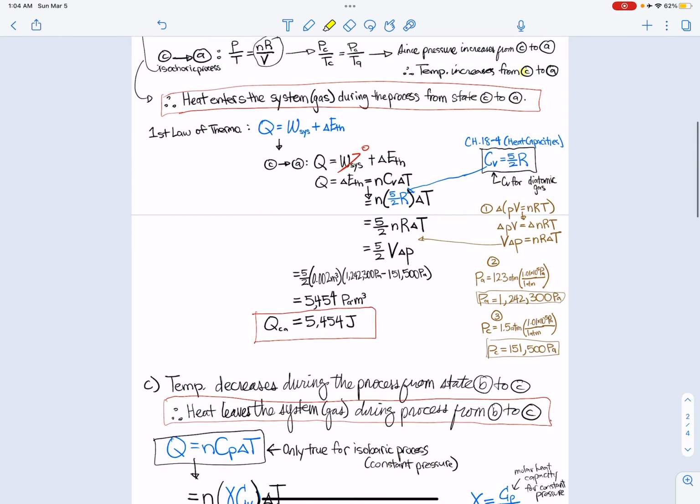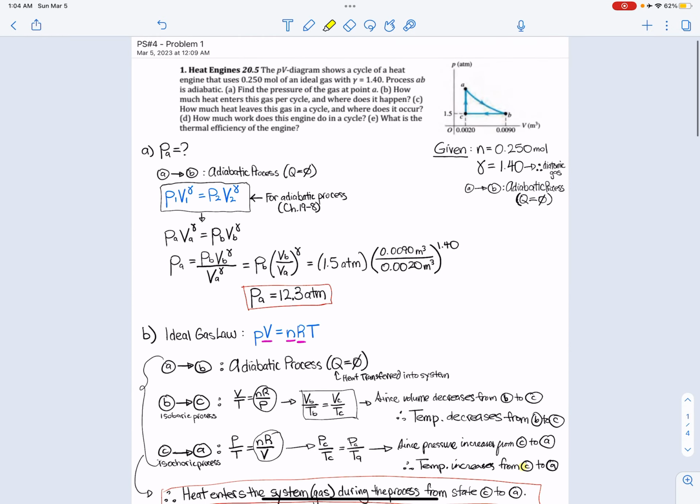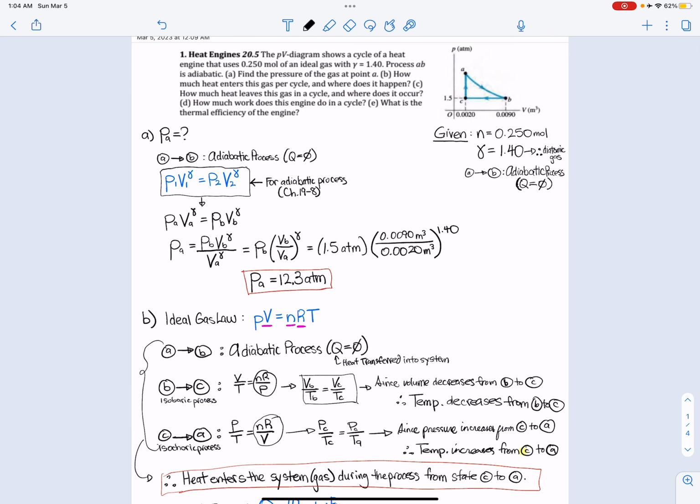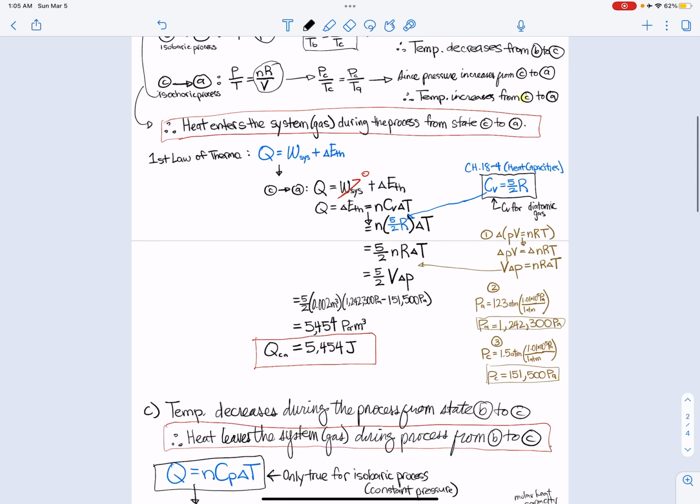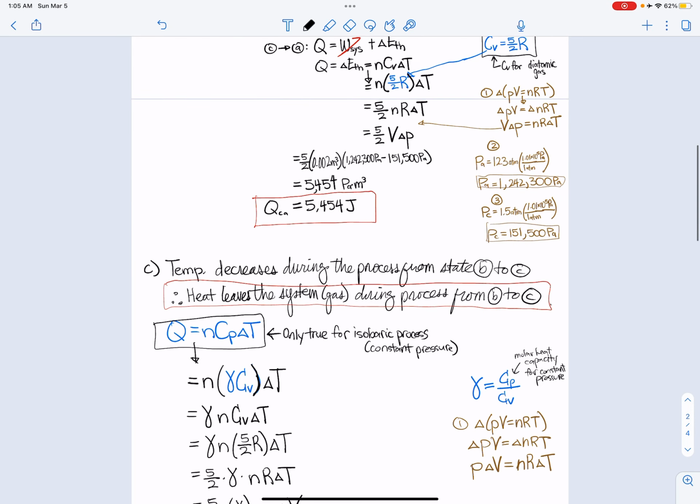All right. Okay, so anyways, part D, how much work does this engine do in one cycle? One complete cycle, from state A to state B to state C and back to state A. Right? Okay.